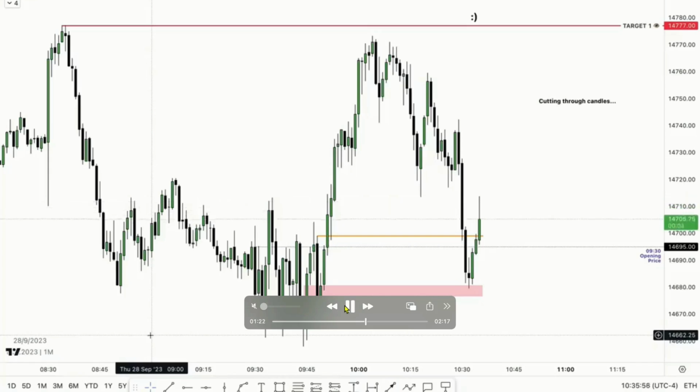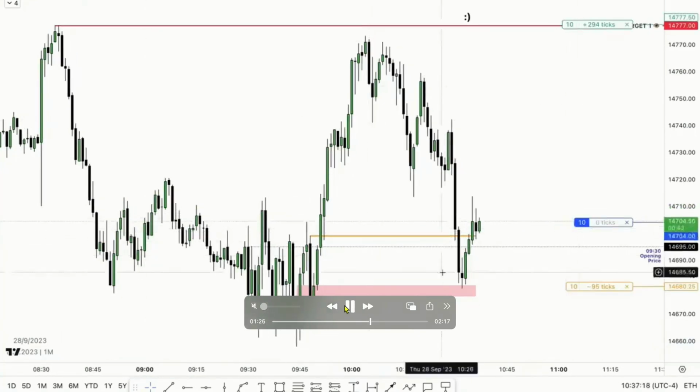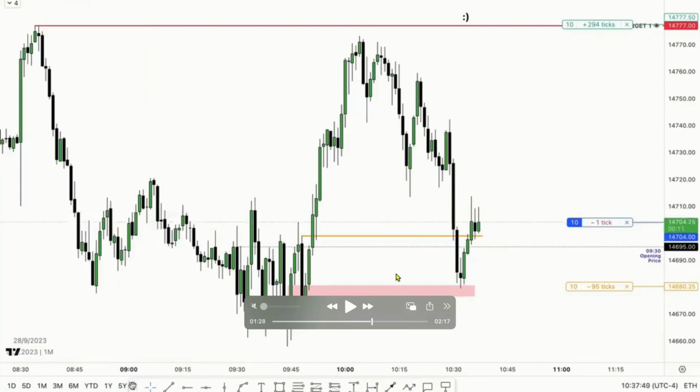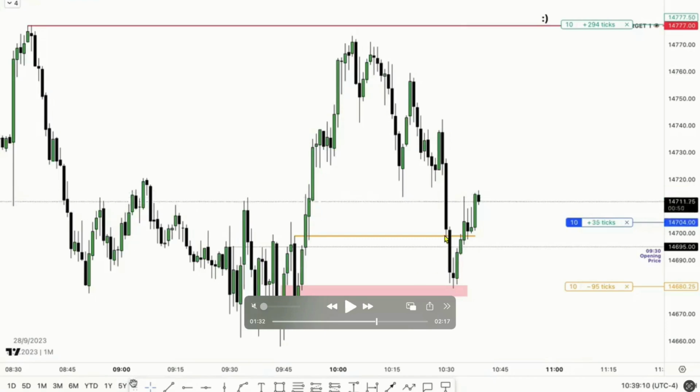Therefore, I was looking for another opportunity to enter. I entered the moment that I saw that price was utilizing this yellow line as perfect support once broken. Price ran over this CB.